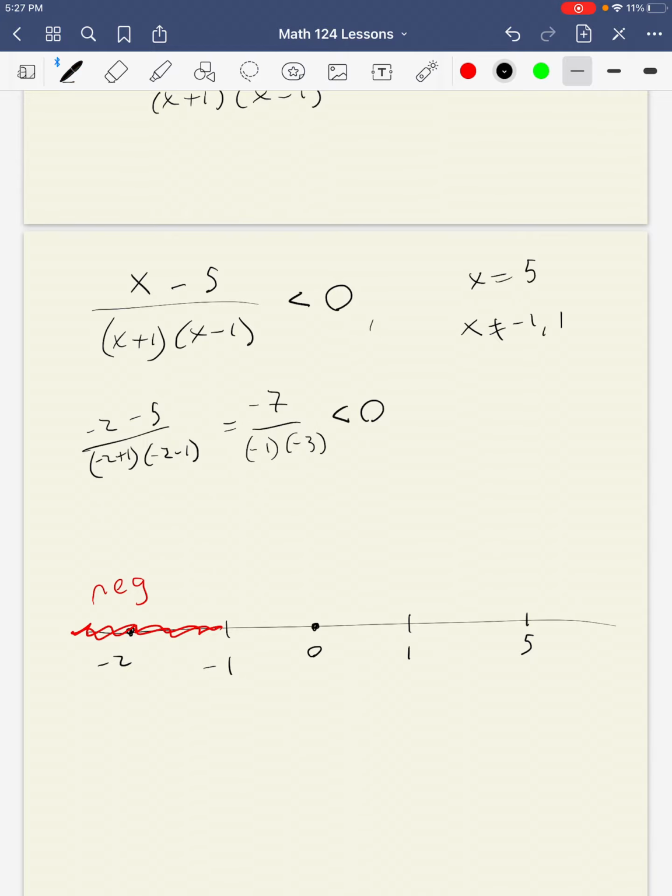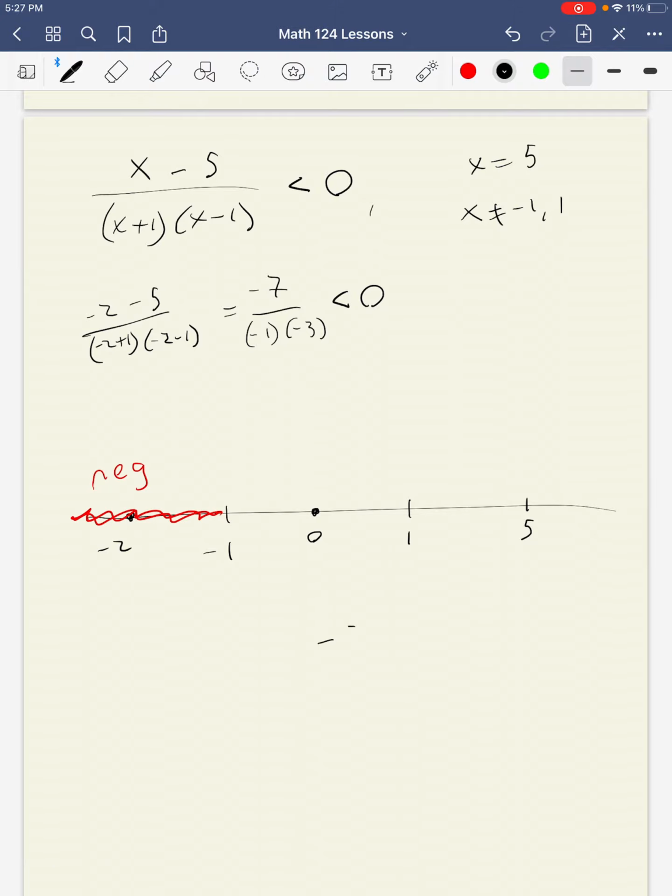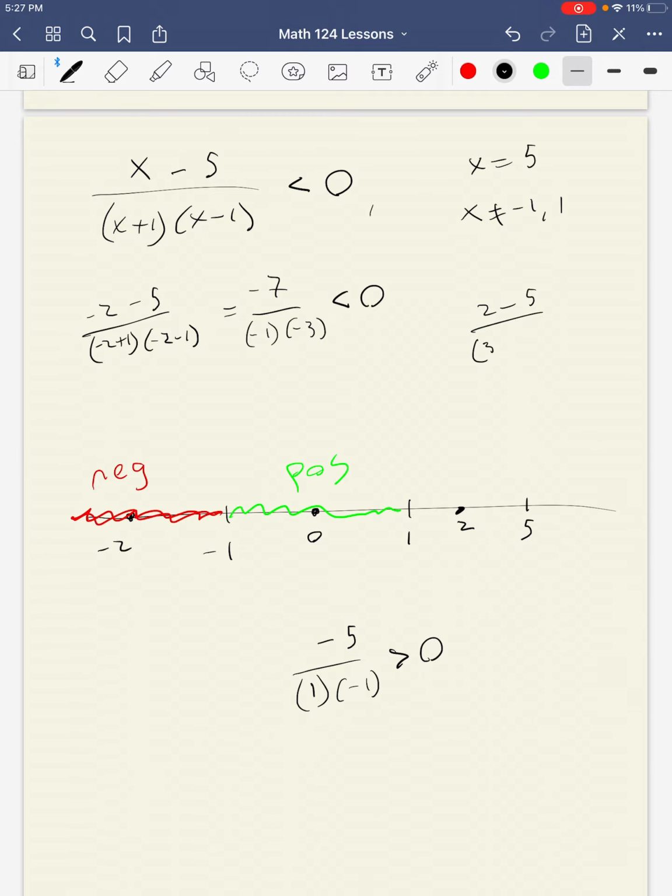Okay, let's test the number 0. It's an easy number. If we plugged in 0 to the problem up above, we would have a double negative, which is positive. Okay, plug in 2. If we plug in 2, 2 minus 5, 2 plus 1 is 3, 2 minus 1.